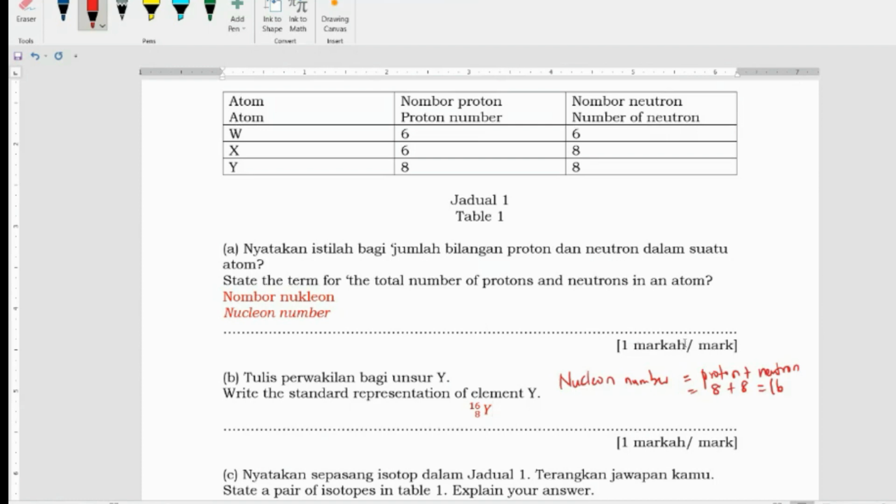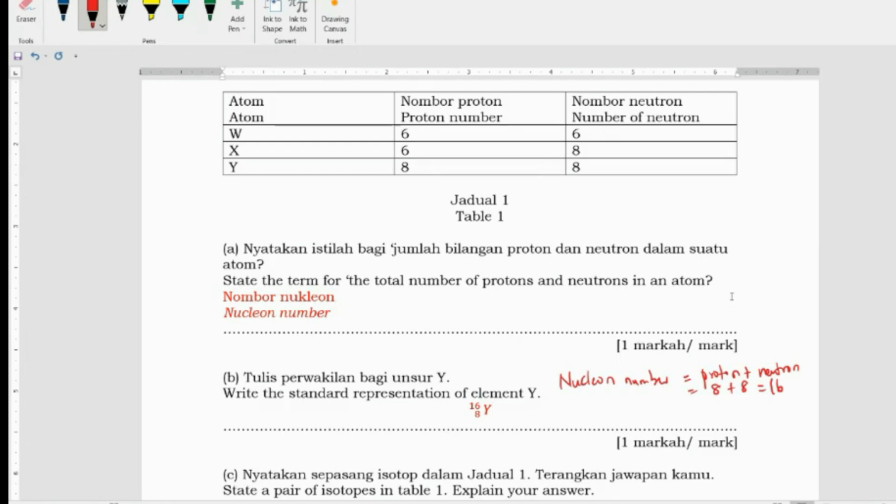C. W and X. Okay, W and X. Your reason? Explain your answer.